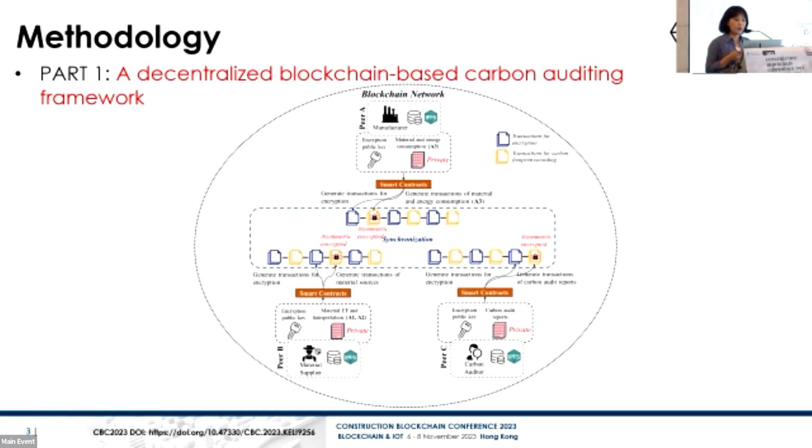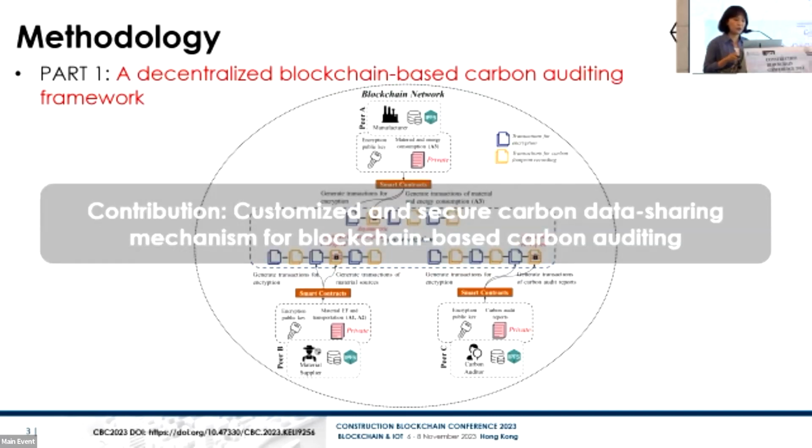In that way, we generate the basic unit of blockchain components. That's why we transfer the knowledge in carbon certification to the blockchain unit, which is the transaction. And to protect the data privacy, we design some encryption schemes in this framework.